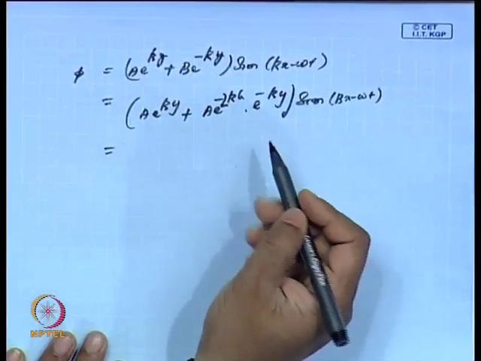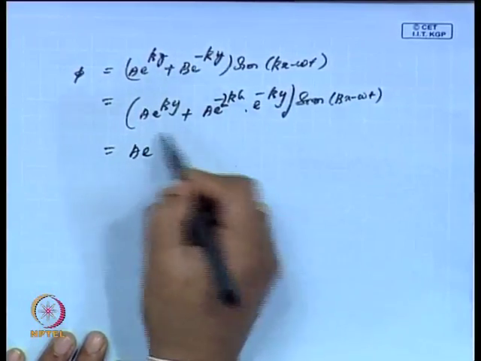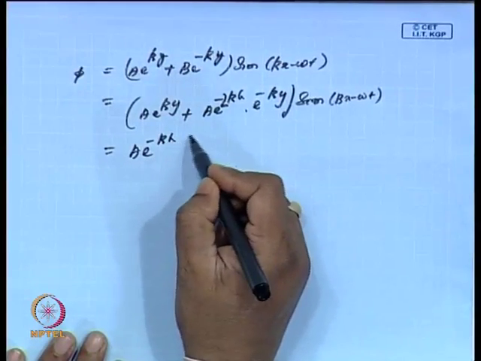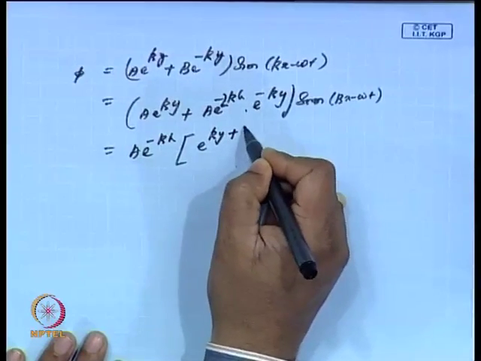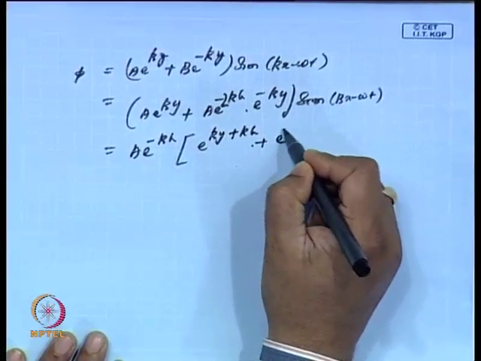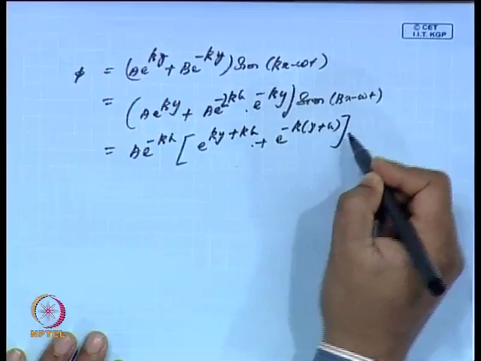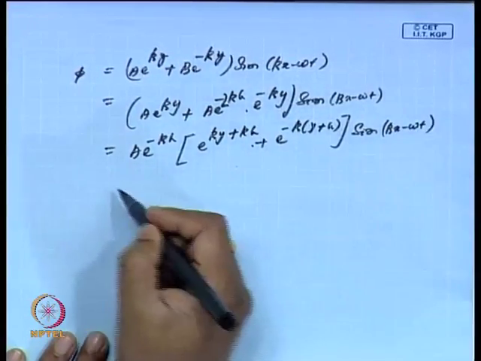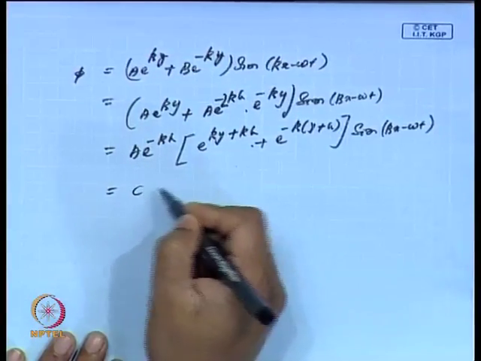That gives me, if I take a e to the power minus k h common, then it will give me e to the power k(y plus h) plus e to the power minus k(y plus h), into sin(kx minus omega t), and that gives me something like c.